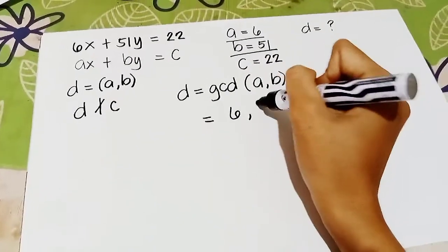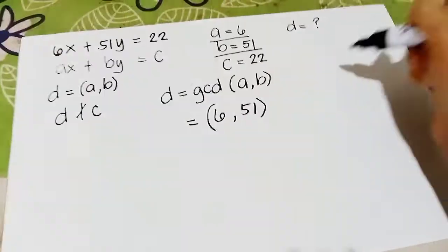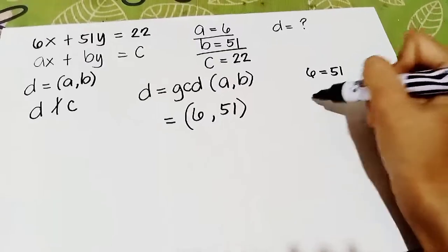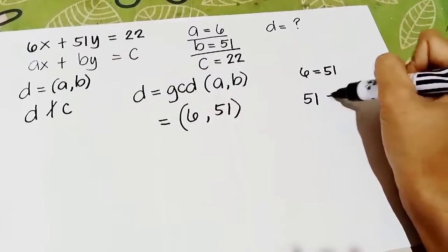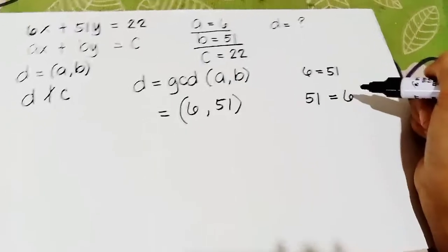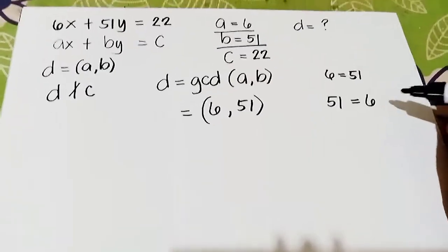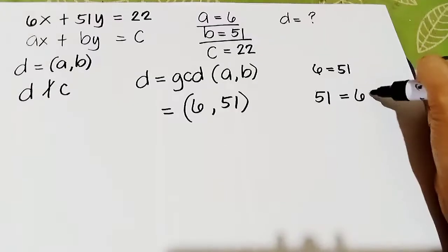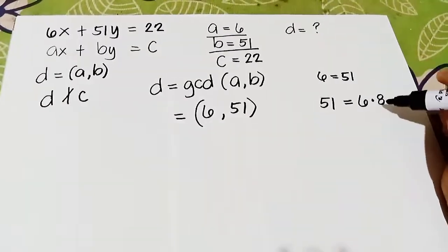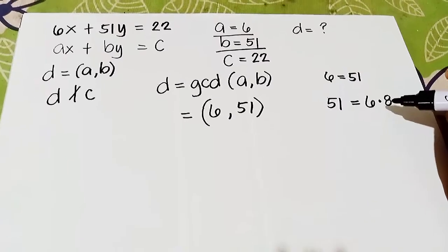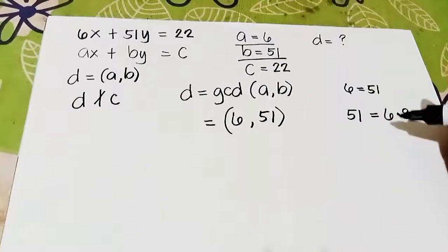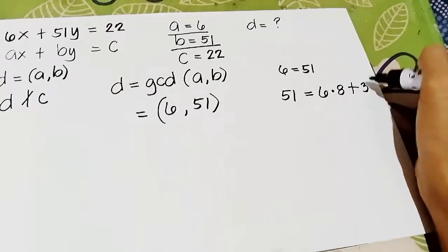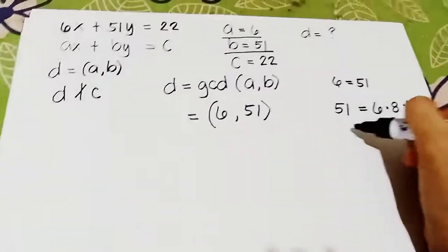We use the highest number, which is 51, so that it is easier for us to get the GCD. 51 divided by 6 is 8, and 6 times 8 is 48. 51 minus 48 is 3, so we add the remainder 3.